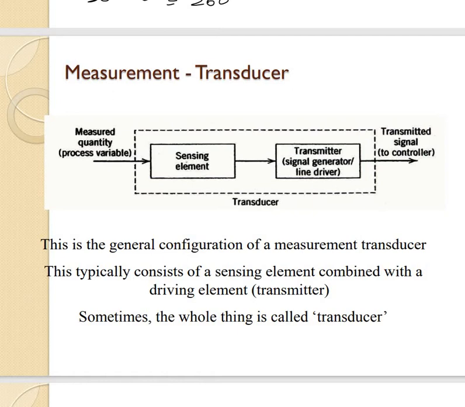Sometimes in our process, we can use a standalone sensor and a standalone transmitter, but sometimes we can use a transducer. That means the transducer is already equipped with a sensor and transmitter. You do not need to add any other sensor.